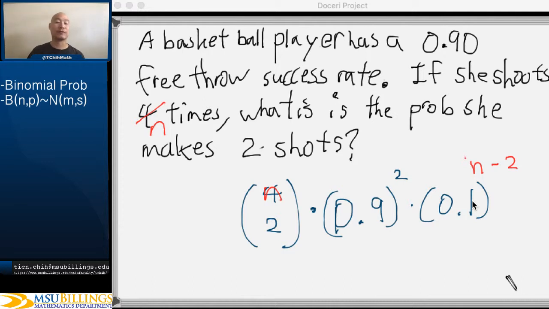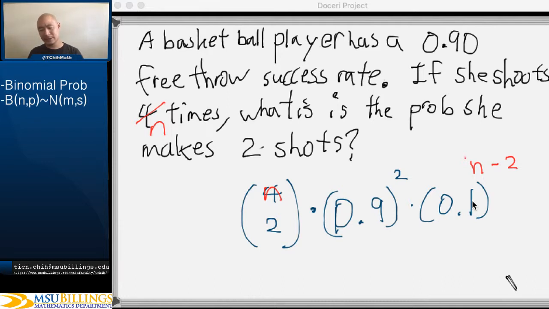Because let's say n were 5, then she makes 2 shots. She has to miss 3, right? 5 minus 2 is 3. If she takes 10 shots and she makes 2 of them, then she has to miss 8. So if she takes n shots and she makes 2 of them, then she has to miss n minus 2 of them.